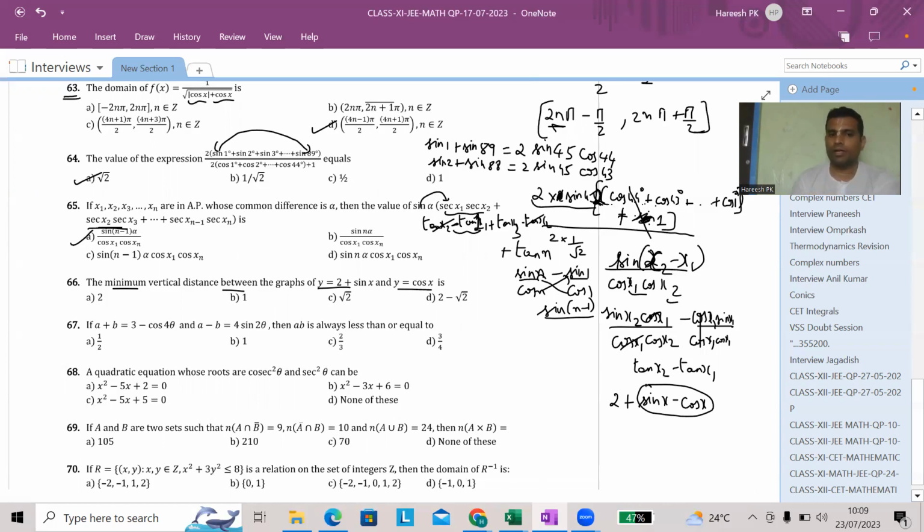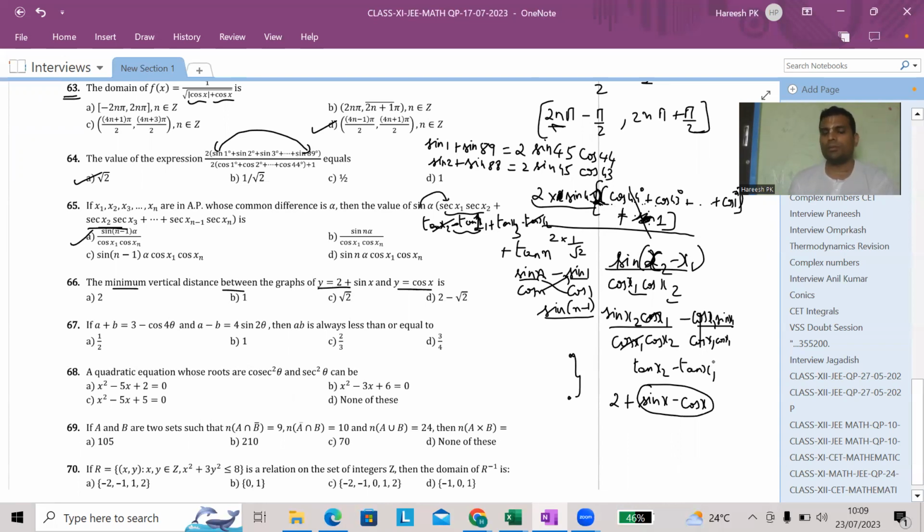Why minimum vertical distance, Andre? It's like one graph is here, another graph is here. So when you subtract them, you get the distance, right? Vertical distance. What is vertical distance between two graphs? Just difference of the y coordinates. So subtract both the y coordinates. You'll get 2 plus sin x minus cos x.